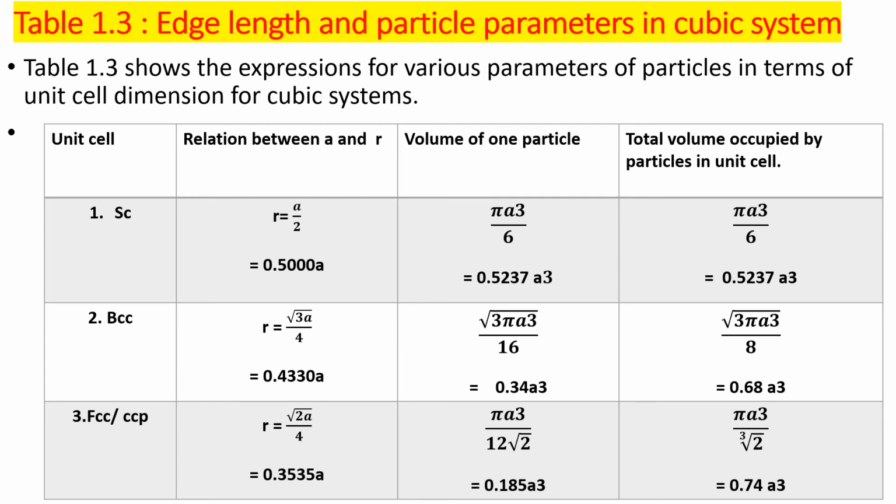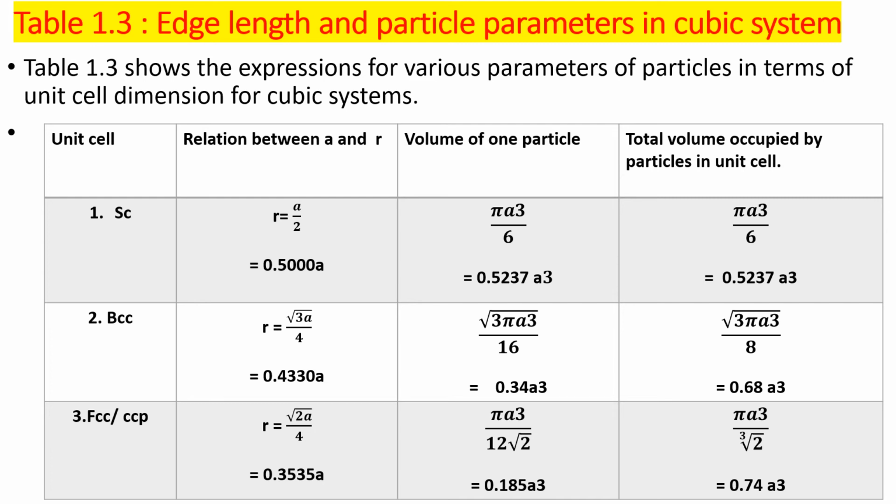Next column, the volume of one particle: for SCC, pi a cube upon 6, it gives 0.5237 into a cube, and BCC, root 3 pi a cube upon 16, it gives 0.34 a cube, and FCC, pi a cube upon 12 root 2, it gives 0.185 into a cube.